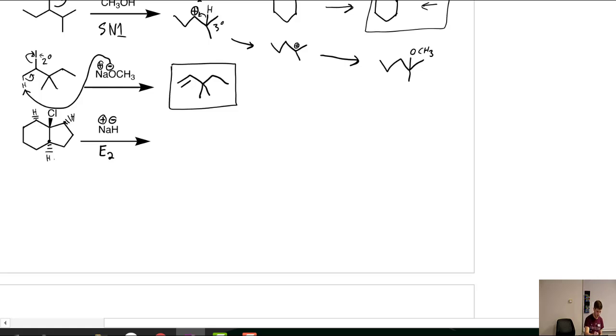If I eliminate this hydrogen, I'll get the alkene here, and in that case it's tetrasubstituted. That one will be the most stable, exactly. So we're going to go ahead and take that hydrogen there, and we are going to get that.